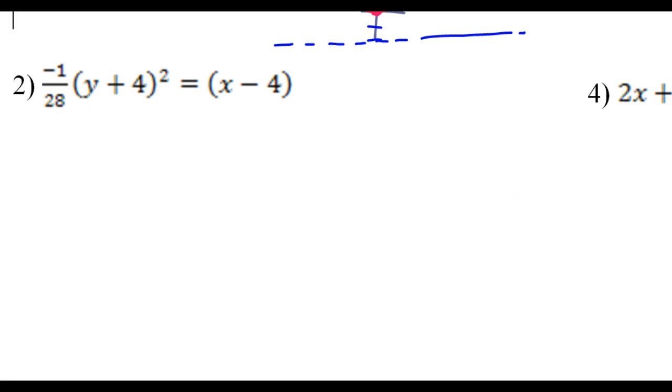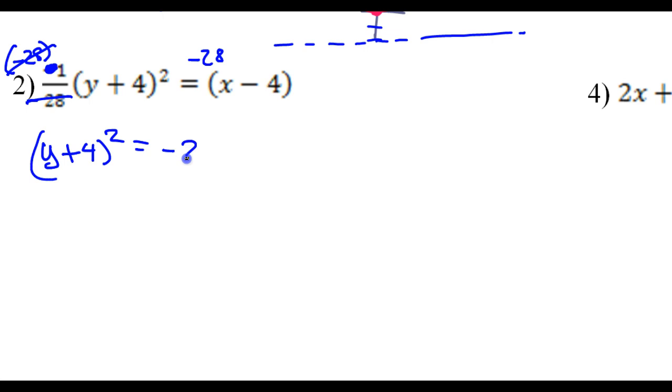And right now I want to put the negative sign down here on the 28. That's to remind me that what I really want to do is multiply everything by -28 on both sides. That way the -28s cancel out. So I'm going to have (y + 4) squared is equal to -28 times (x - 4).